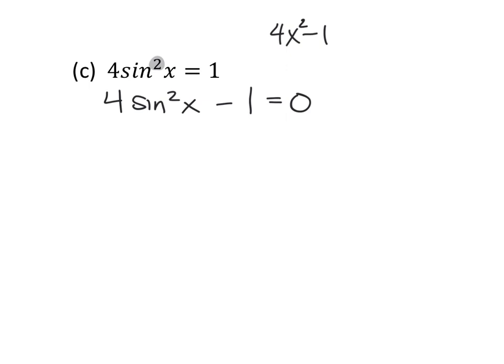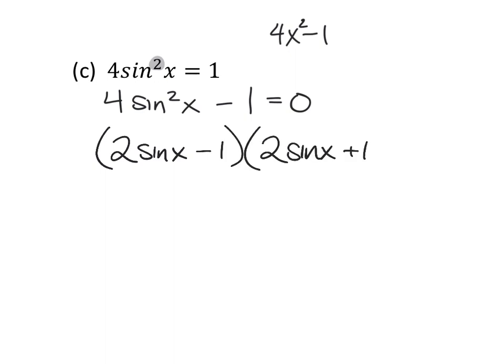I see that it's a subtracting of two things, and aren't they all perfect squares? So this is the difference of two squares with trig in it. Incredible, which means that this automatically factors to 2 sine of x minus 1 and 2 sine of x plus 1.